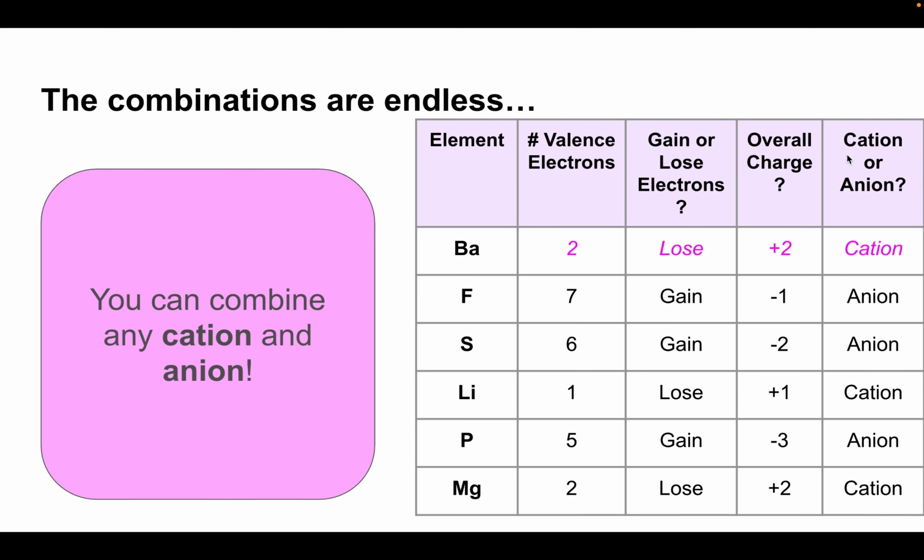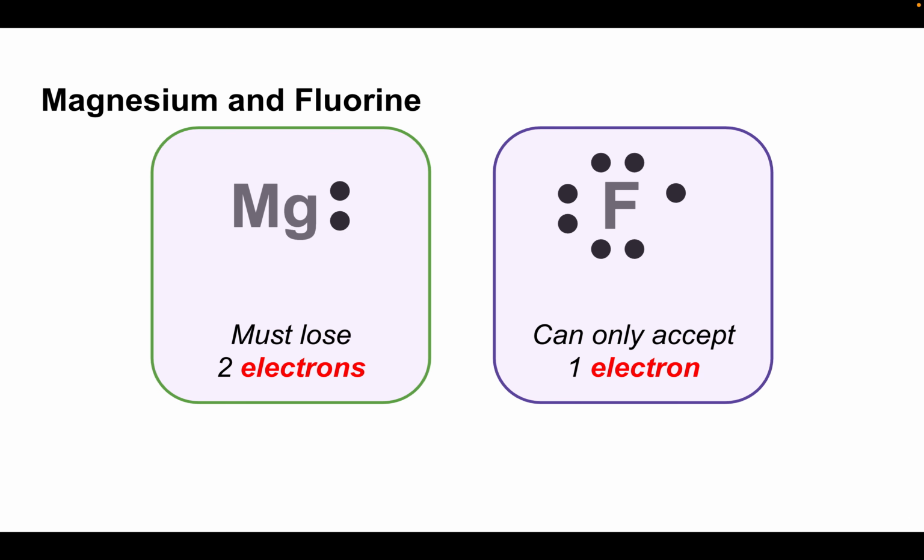Now let's take a look at the table you filled out in the previous lesson video. And let's see what happens when we combine magnesium and fluorine together. So magnesium has 2 valence electrons because it's in the second column of the periodic table. So it needs to lose both of those electrons in order to be happy.